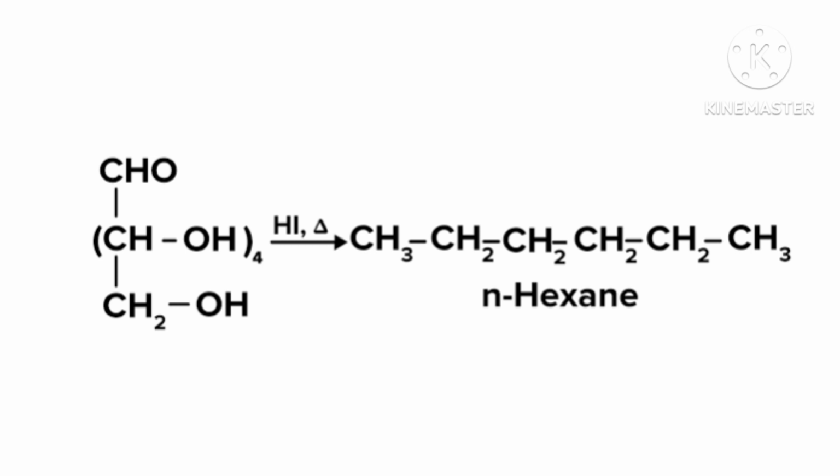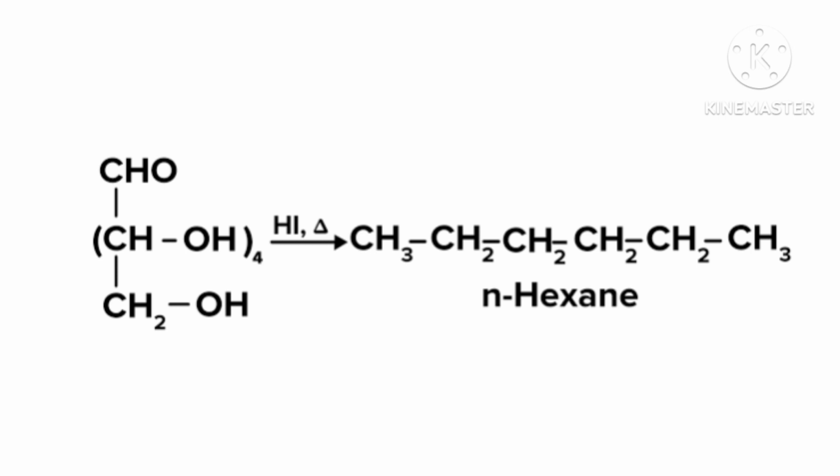Okay, in glucose the CHO was there; in that CHO the O is gone and N has joined, making a double bond. We got CHNOH. All things are as they are, CHOH whole 4, CH2OH.